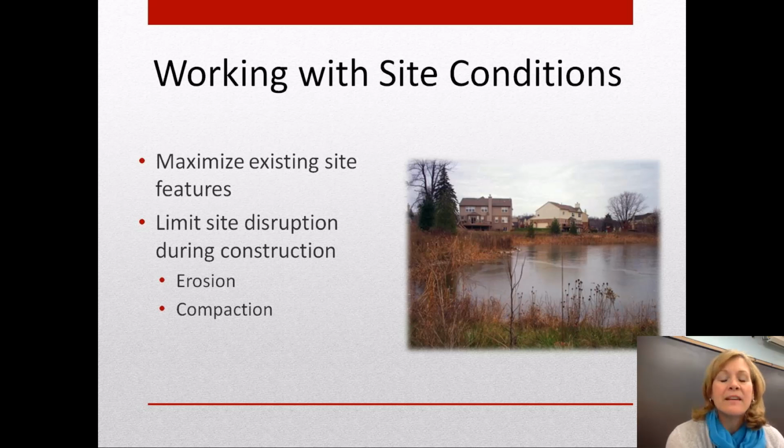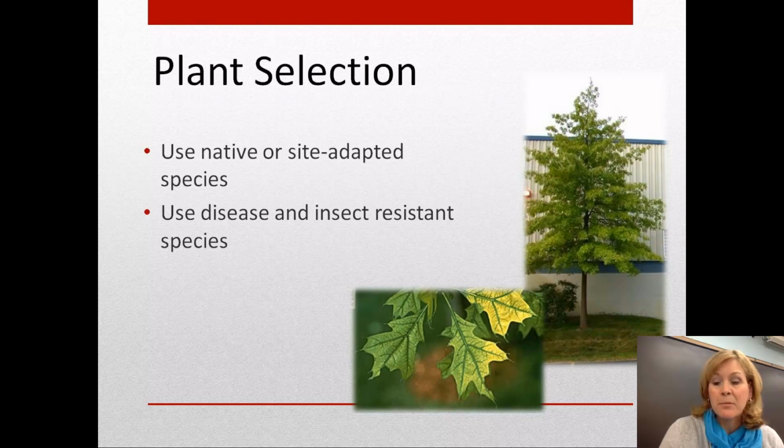In doing that, the other thing to consider is how you can limit site disruption during construction, so wanting to eliminate erosion problems or site runoff, and also eliminate or minimize the amount of compaction that occurs on the site. Anytime you don't have to make significant large-scale changes to the site, it's going to be a little bit less expensive from a development standpoint.